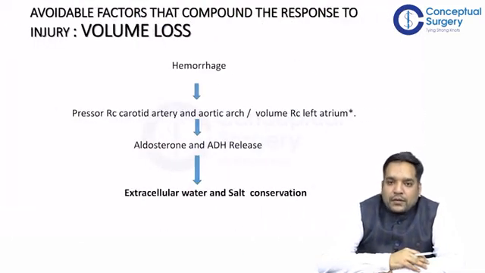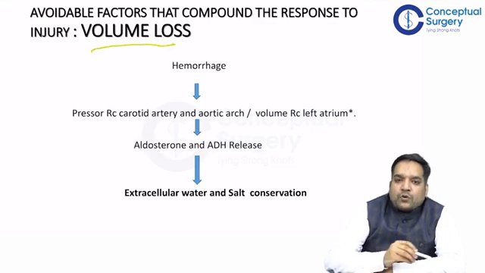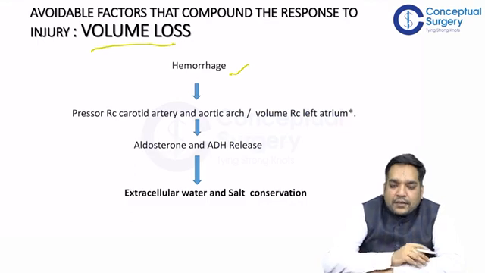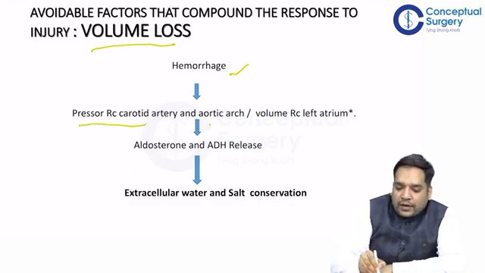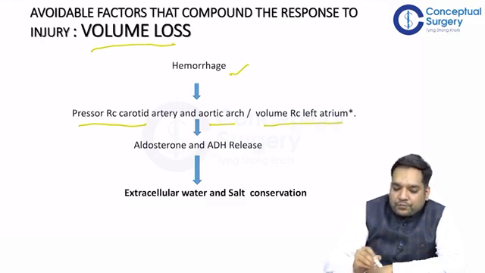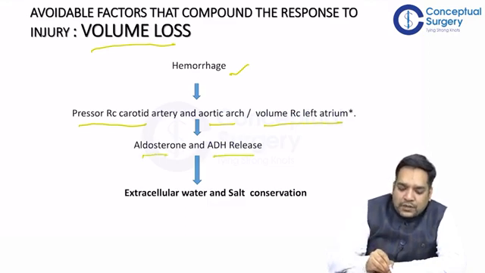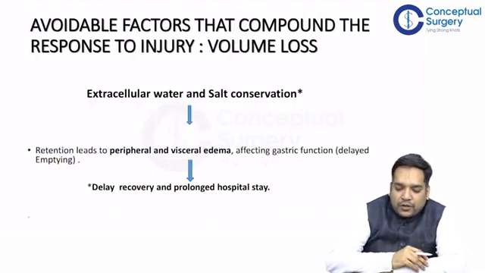So the number 1 factor I am going to discuss is volume loss, which could also be a hemorrhage. Hemorrhage basically activates the pressure receptors of the carotid artery and the aortic arch, and also activates the volume receptors of the left atrium. This leads to aldosterone and ADH release, and what do these hormones do? These hormones result in extracellular water and salt conservation or retention, right?